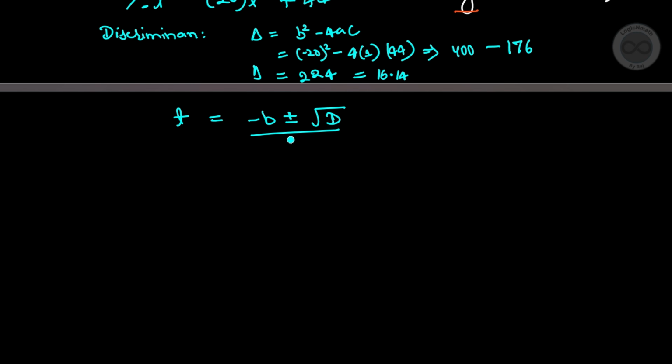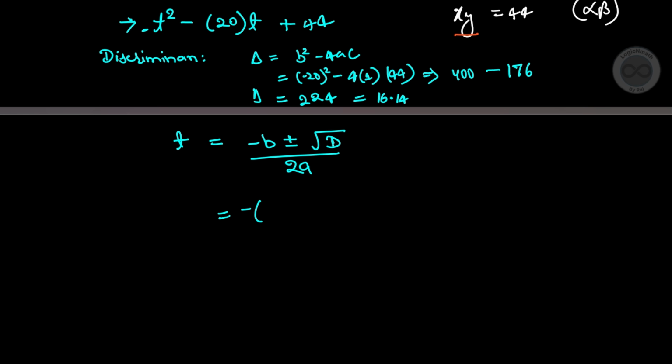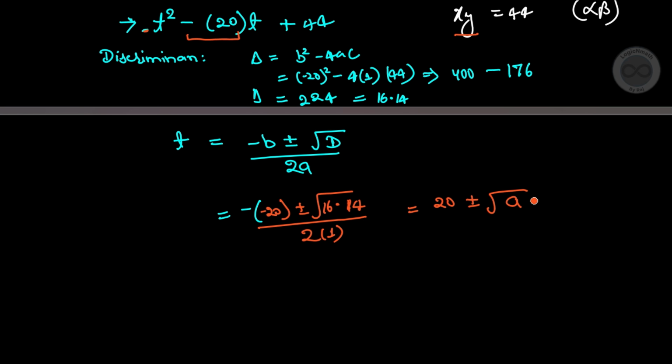over 2a. Now as we have seen, our value of b is minus 20, and plus or minus root of D is root of 16 times 14, and the whole over 2a, where a is the coefficient of the squared term, which is 1. This simplifies to minus of minus 20, which is 20, plus or minus root 16 times root 14 over 2, and root 16 converts to 4.